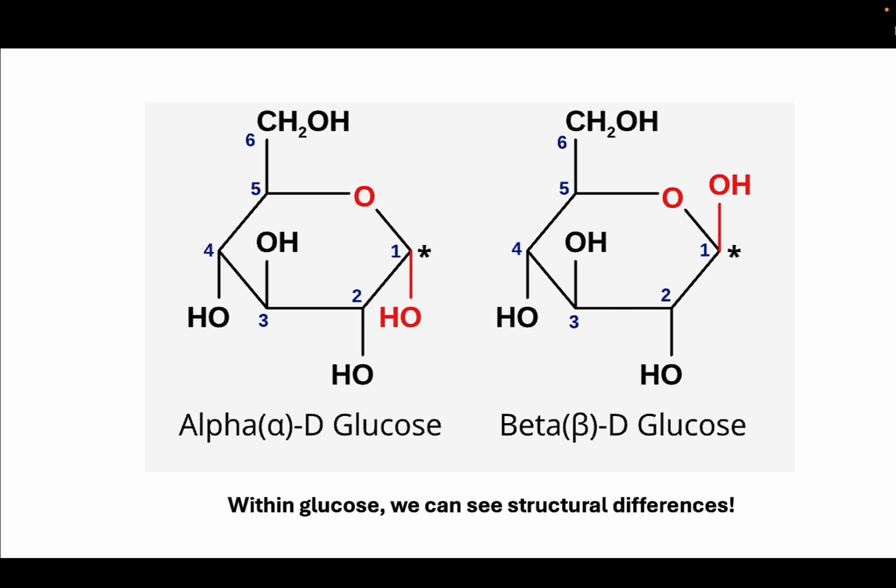And in beta glucose, this OH is pointed up. And this is going to impact how the resulting bond is going to be formed from these two different structures. They may look very similar, but these are actually two different molecules. These are structurally different, even though all the bonds are still connected to all the same molecules.